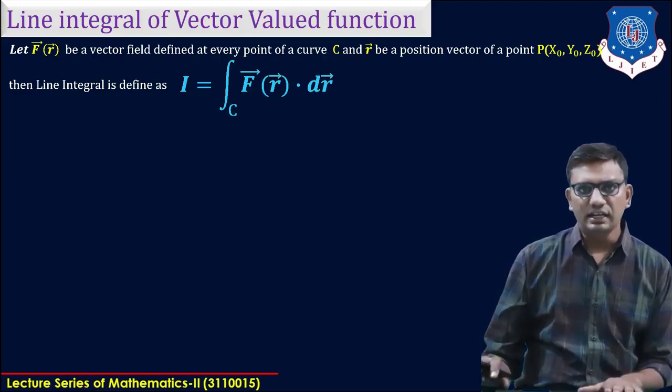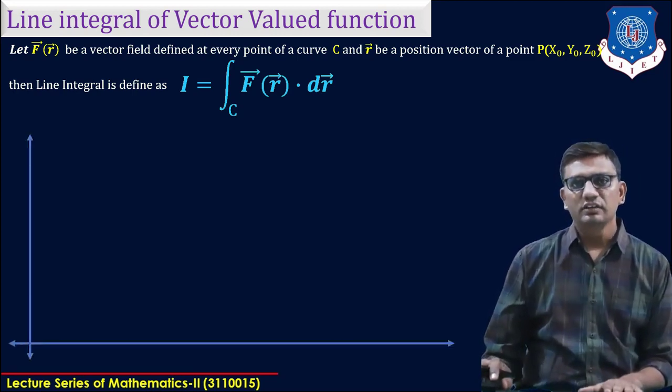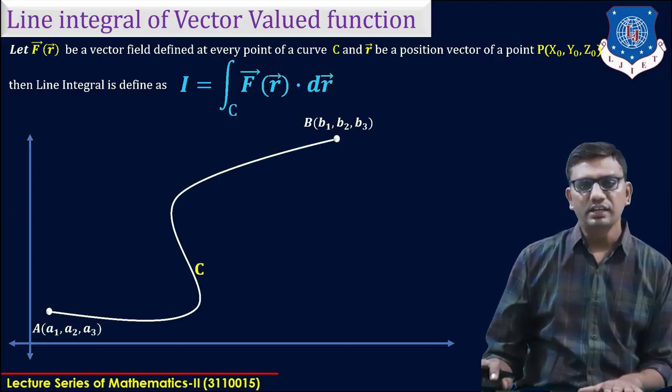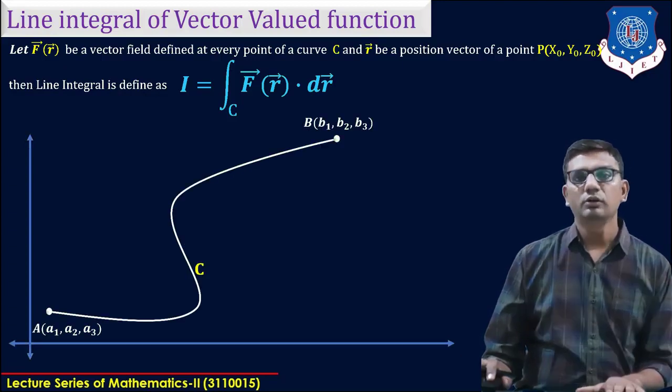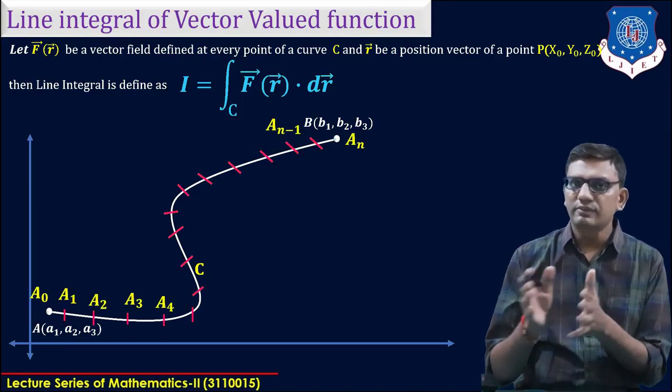Now we will see how to evaluate this line integral. Here we have a line integral on the curve C, and C is a simple closed curve. To evaluate it, we divide our curve into n different parts.